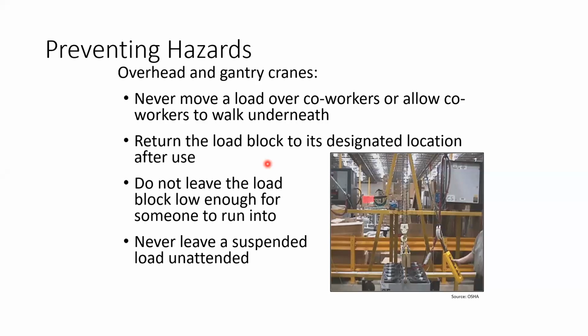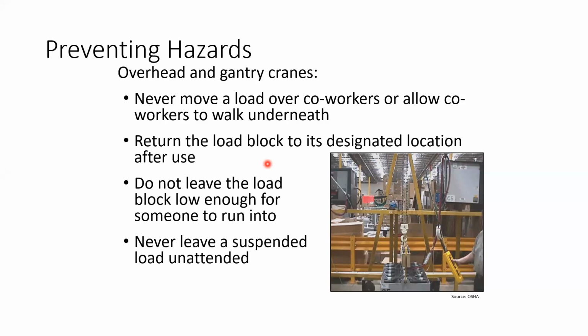Okay, all of these are the controls. How can we control overhead or gantry cranes? 1, 2, 3, 4. All of these controls, all of these steps, all of these cautions relate to one of our hierarchy of controls.